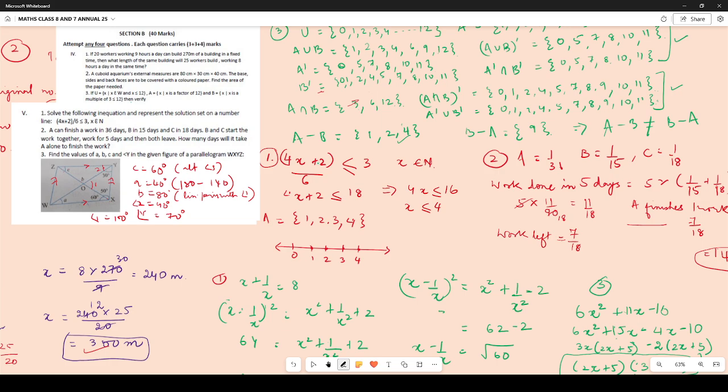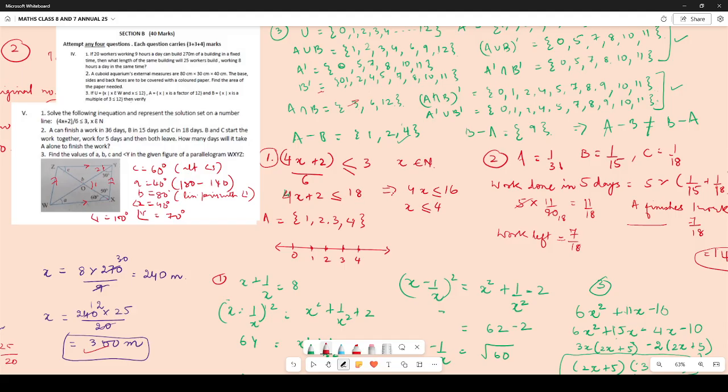So (4x plus 2) divided by 6 is less than or equal to 3 and x belongs to natural numbers. So 4x plus 2 is less than or equal to 18.